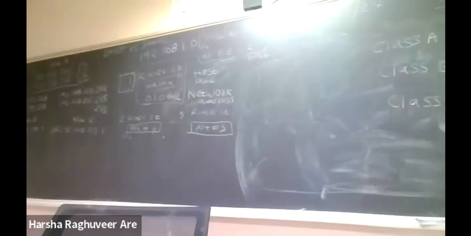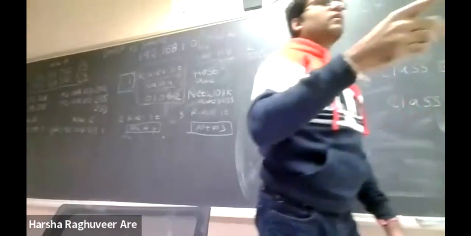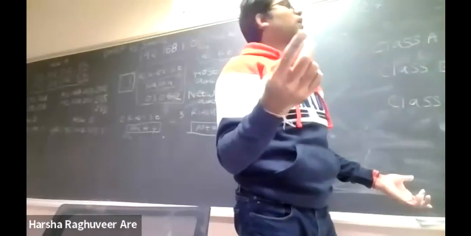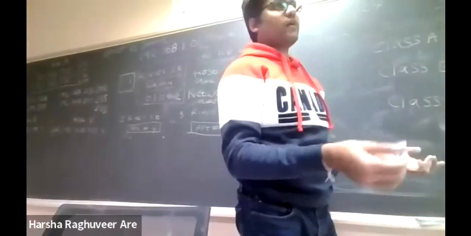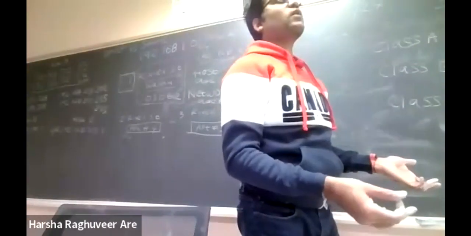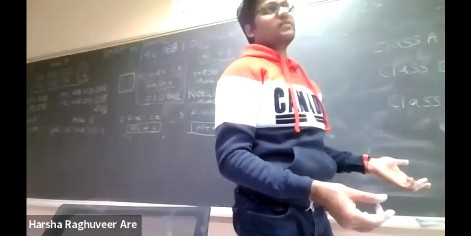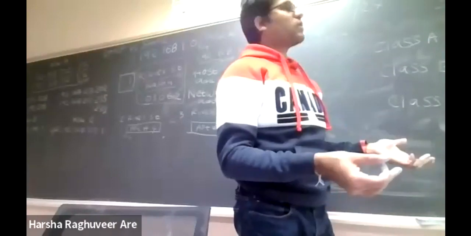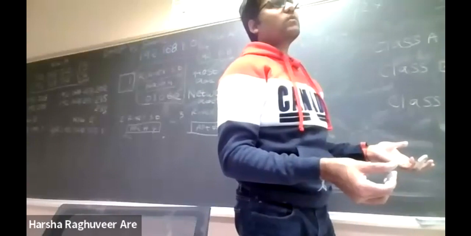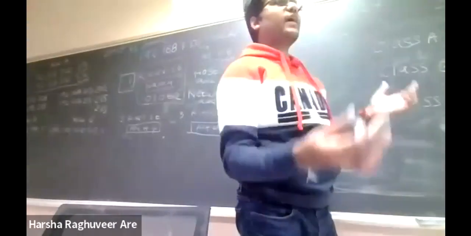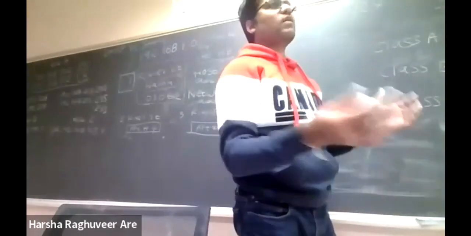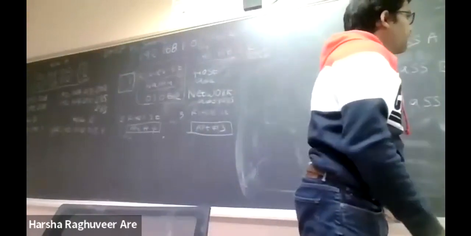Remember, you need to remove 2 from the final count because you cannot use 0, and you cannot use the last address, 255, because it is used for broadcast. So don't confuse yourself about why 2 is removed. It's like the tail and head edge, we don't use it. We use anything between the head and tail.